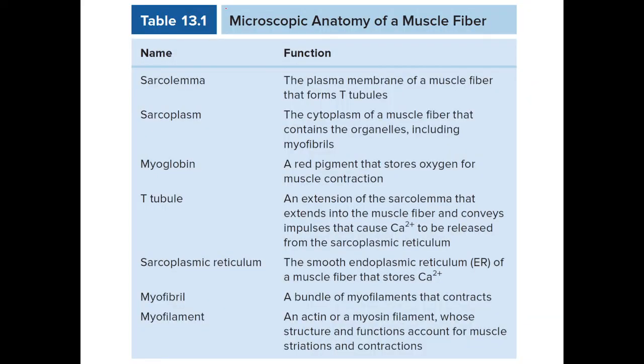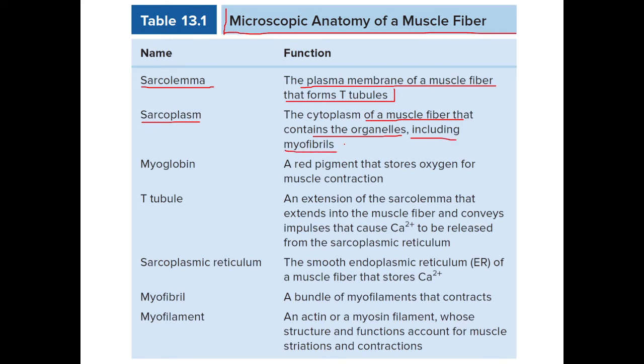Now, if you see in detail the anatomy of muscle fiber, you need to know these few terms. The first term is sarcolemma. The sarcolemma is the plasma membrane of muscle fiber that forms T-tubules. Then sarcoplasm, the cytoplasm of muscle fiber that contains the organelles including myofibrils.